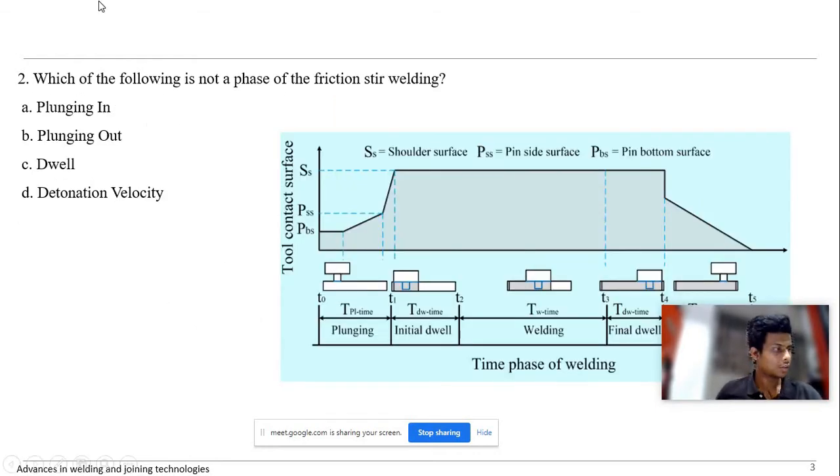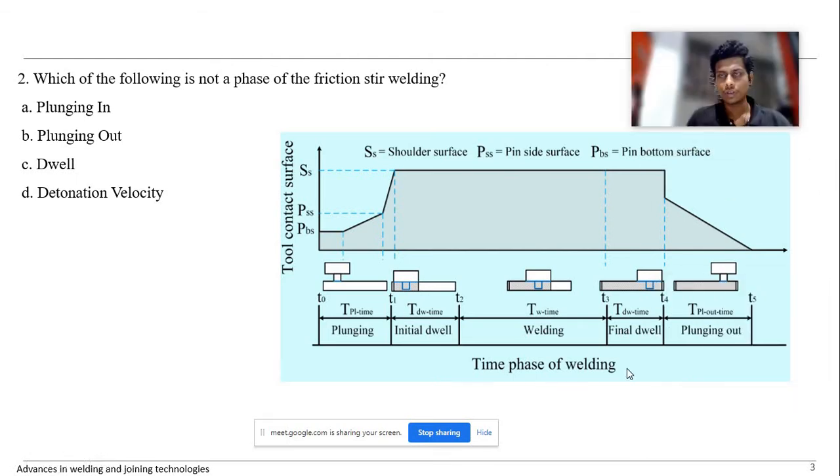This is also a straightforward question. Which of the following is not a phase of friction stir welding? As we know, in friction stir welding, initially there is a material and plunging will happen. Once the sufficient plunging depth is achieved, there will be a dwell time.